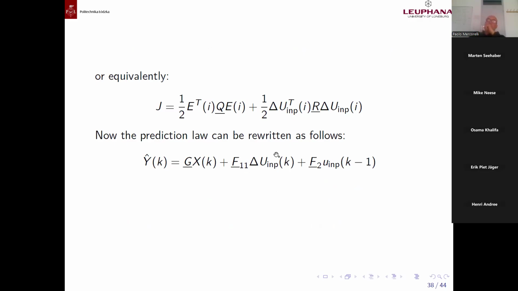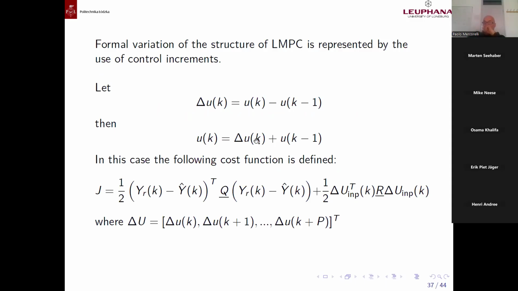Do you remember here we had F11, which multiplies U of K. But now U of K is delta U input plus U input K minus 1, because in delta U input we have both contributions.